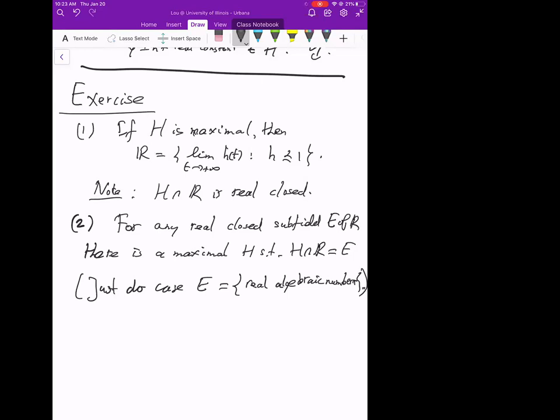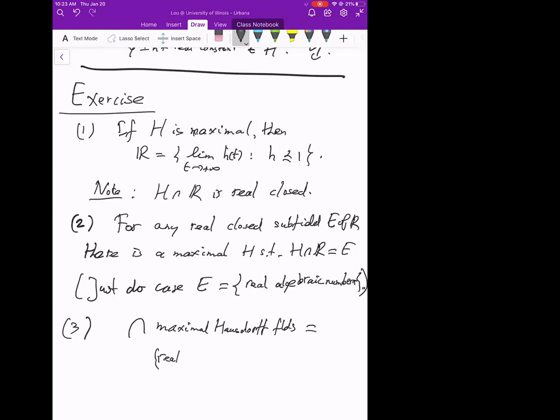So also 3: if you take the intersection of all maximal Hausdorff fields, you get something very small. It is exactly the real algebraic numbers, nothing more.